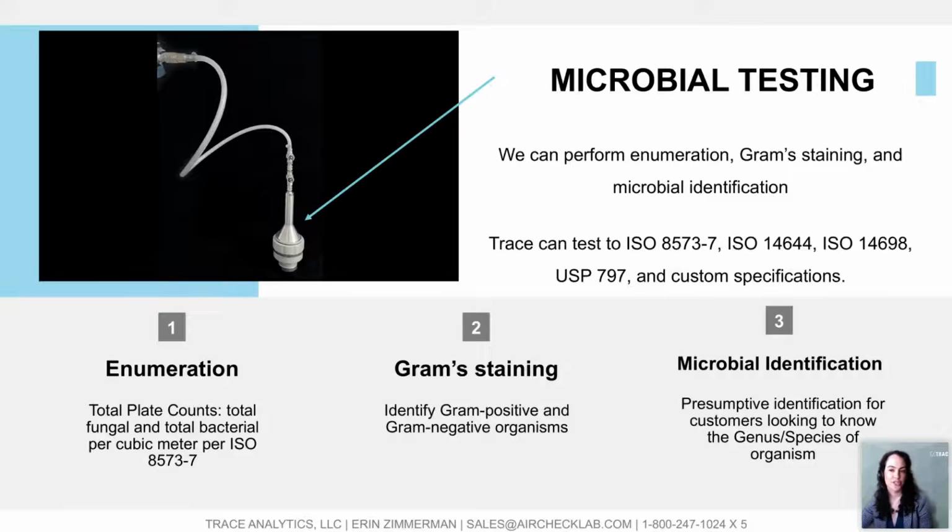The version that we have pictured here is the first edition funnel-only Pinocchio, named after the little wooden boy with a similar likeness. 8573-7 states that you must use an impaction sampler when testing for microorganisms in either compressed air or gas. So that's why we use the Pinocchio. This is one of my favorite pieces of equipment because it's so straightforward and easy to use.